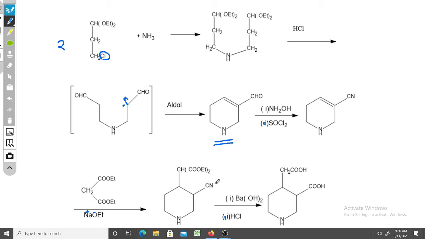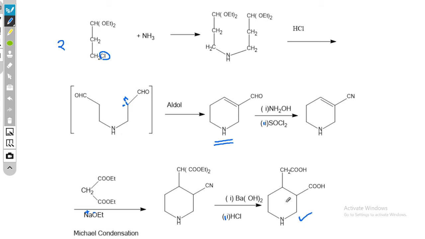Then this CN group is hydrolyzed to COOH. So we got this molecule. By this method we have prepared plus or minus 5-loiponic acid.